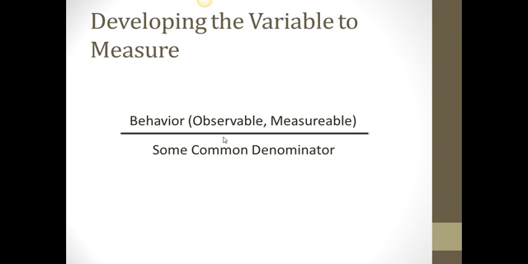So one thing I can look at is number of words spelled accurately over 10 words written. By doing that, every time I take a probe, I'm always measuring the number of words spelled accurately over 10 words written. If I was looking at a percentage and said 70% accurate, unless I had that ratio set up in the background, that might look different.